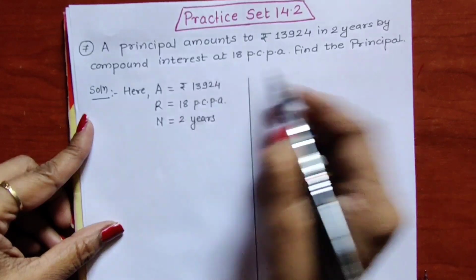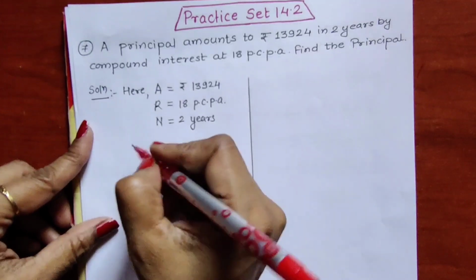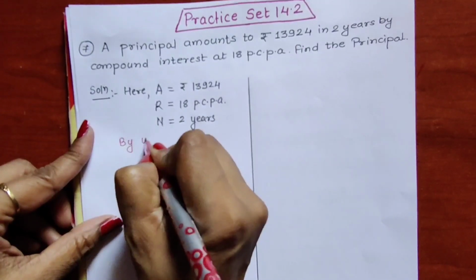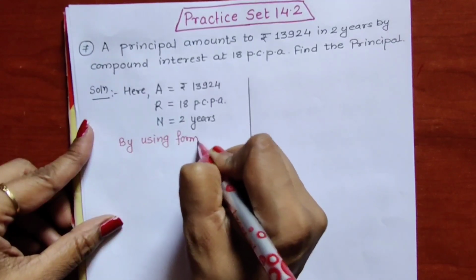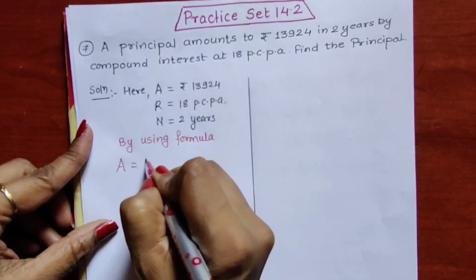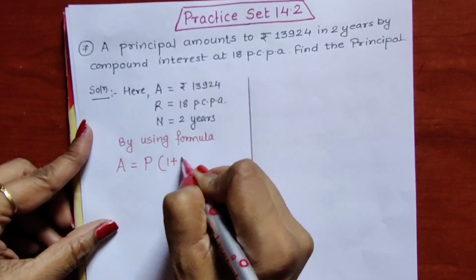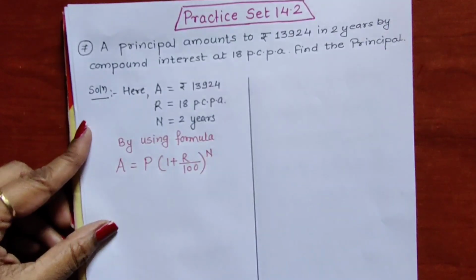We have to find out the principal. So now let us apply the formula. A is equal to P into 1 plus R upon 100 raised to N.